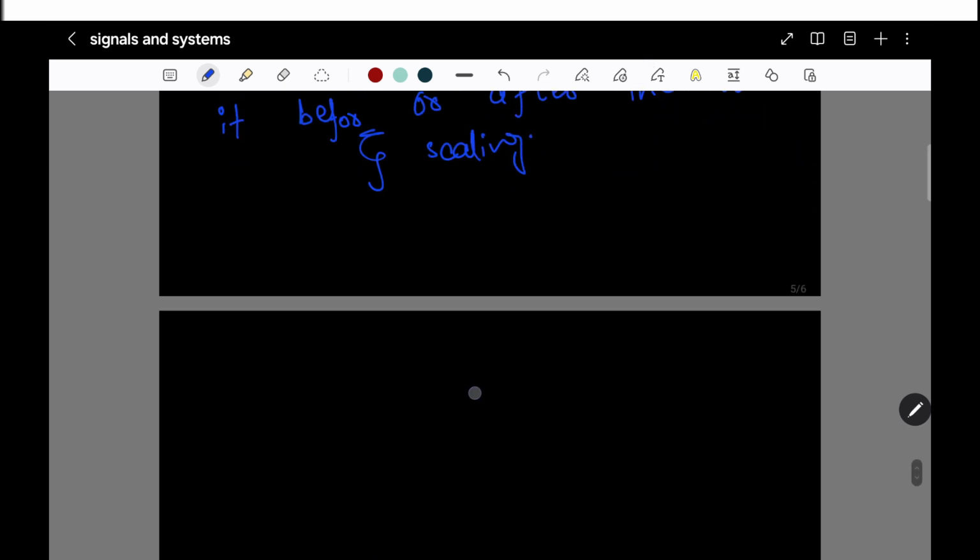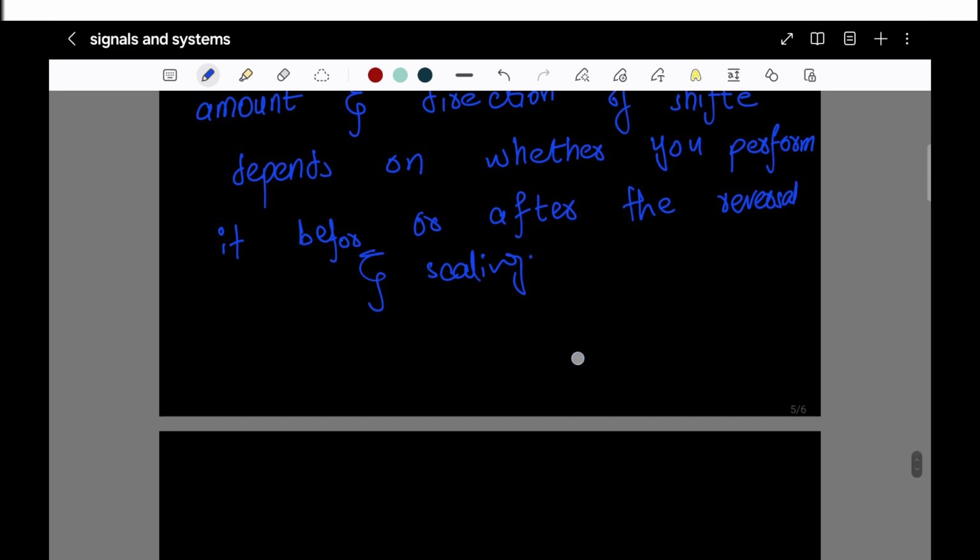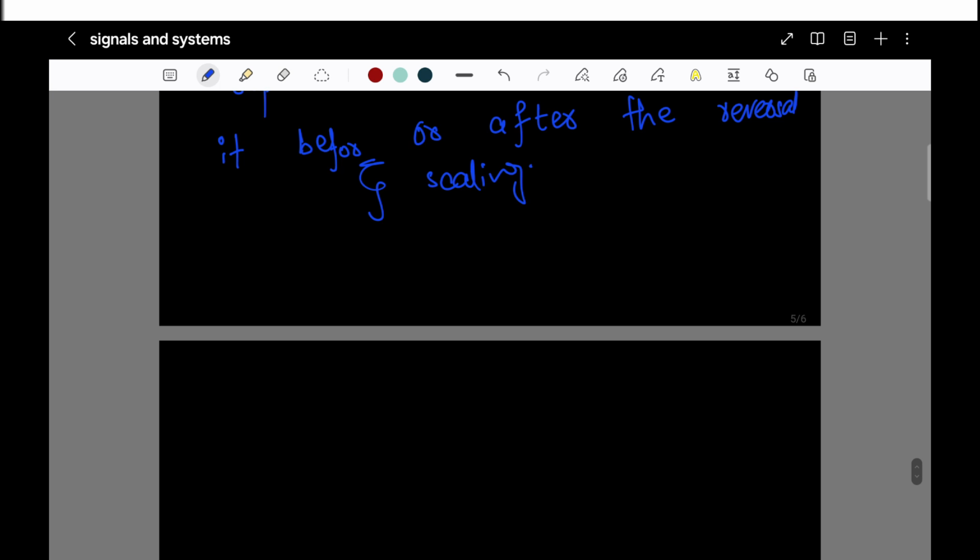So the time shifting, the amount and the direction of the shift depends on whether you perform the time shifting before or after the reversing or the scaling.